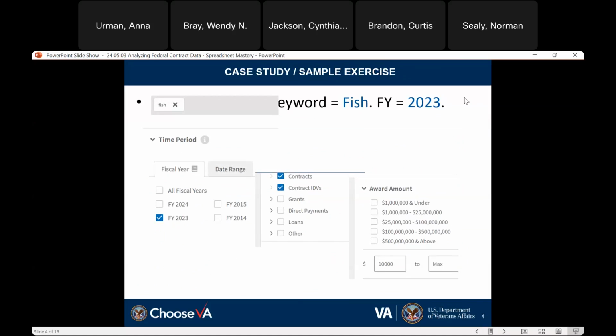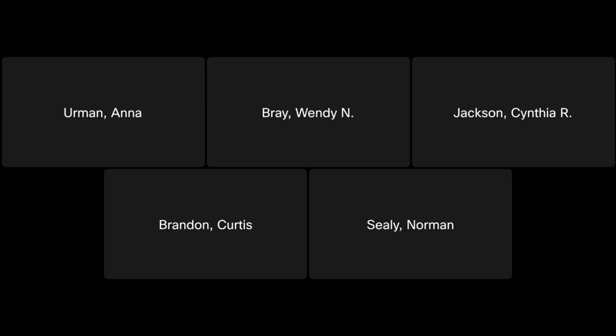So I downloaded it to that zip file and extracted the Prime Awards data set. That is explained in detail in the USA Spending class. So that's how I got that data set. And what you see in the spreadsheet is the raw data that I did not manipulate at all until the start of this training. Thank you, Anna.